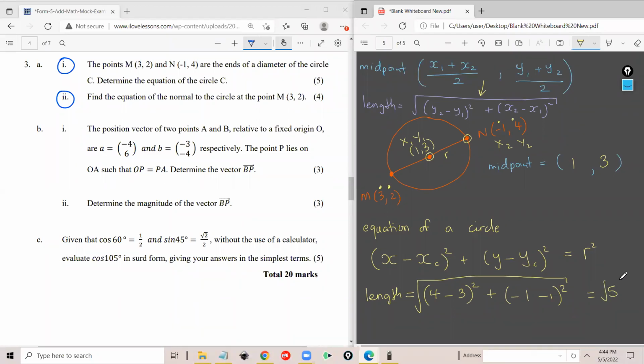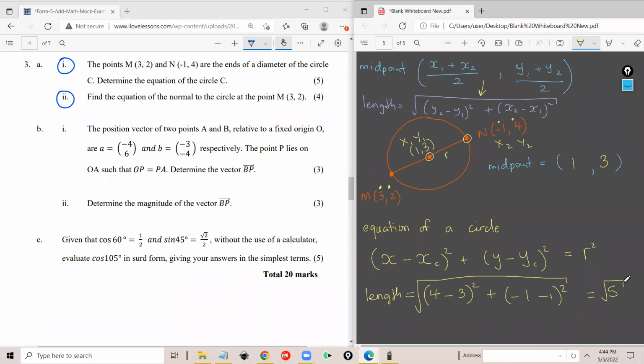I'm getting a square root of 5 for the length. Anybody could confirm that? Amaya got that. Moi Marie got that. Nadia got that.